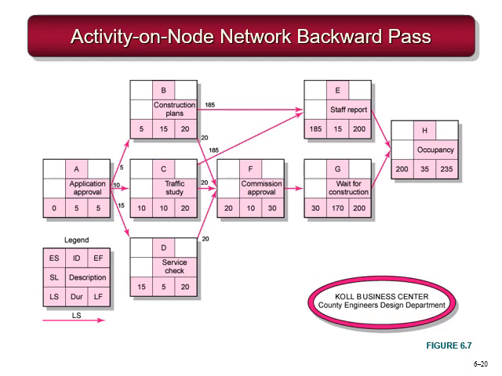Now for the backward pass, we start with the end of the project date, and from there we move backwards. So for this activity H, it ends on 235 days.